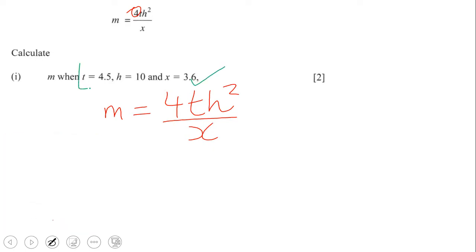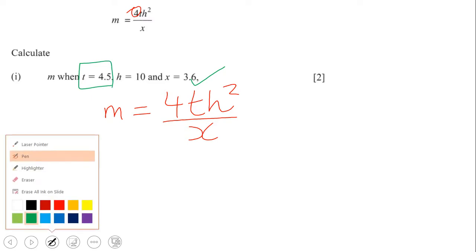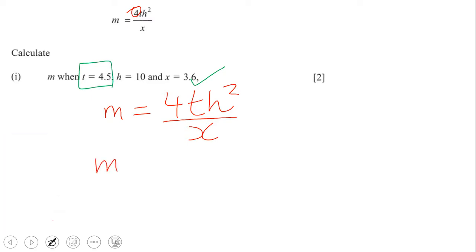We know that T is 4.5, so M equals 4 multiplied by 4.5, because when we see them together like that, that means multiplication, multiplied by H squared.